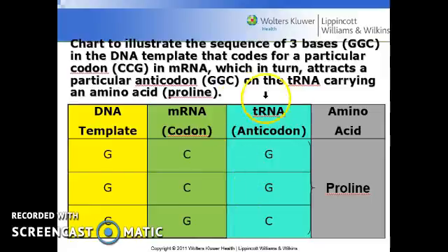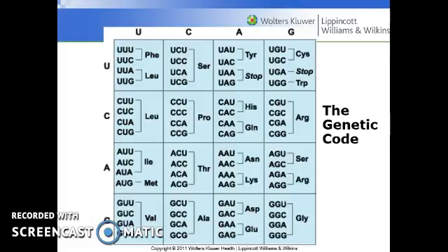Once this anticodon is translated, then you have the creation of the amino acid, which for this particular sequence is going to be proline. And there's an entire chart that shows you how this works.